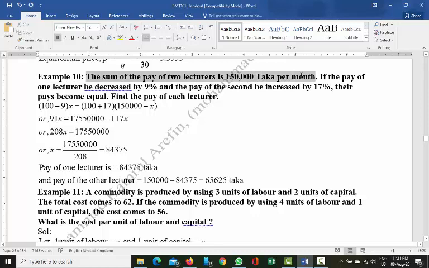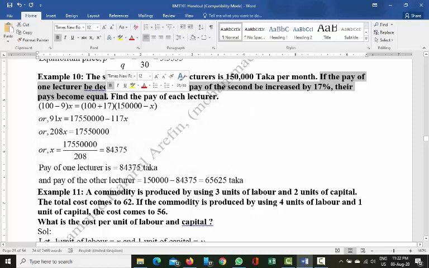If the pay of one lecturer be decreased by 9% and the pay of the second lecturer be increased by 17%, their pays become equal. Find the pay of each lecturer.